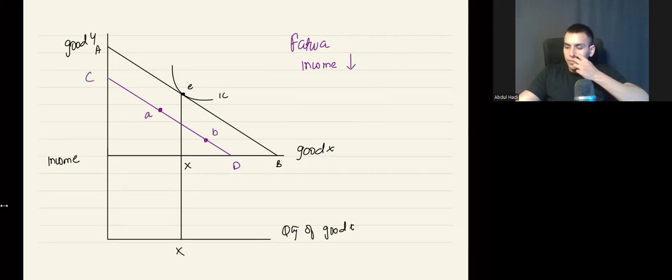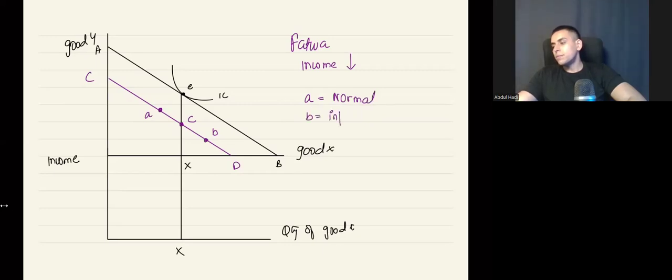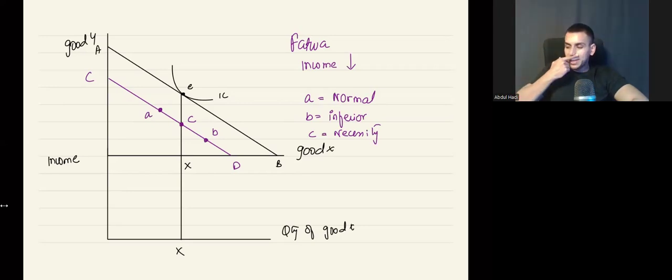Necessity says it doesn't matter if your income is rising or falling, your overall consumption should stay the same, so this is the equilibrium of my necessity good. So A is normal good, B is inferior good, and C is necessity good. Everything clear?